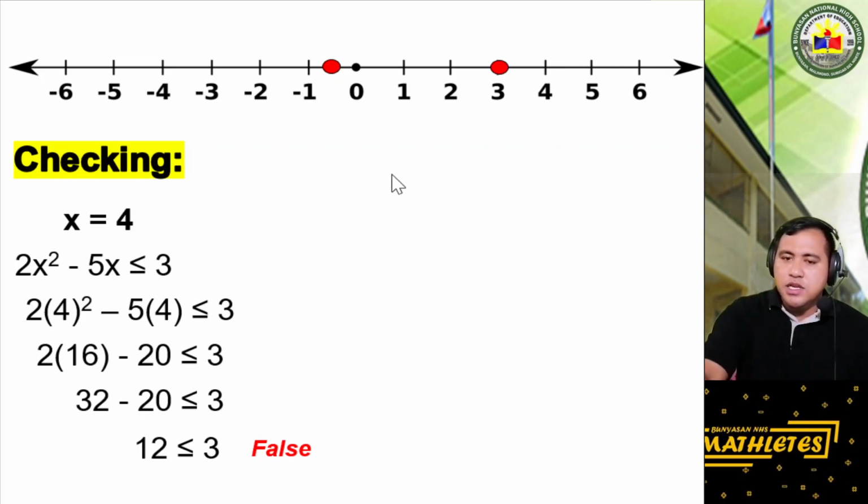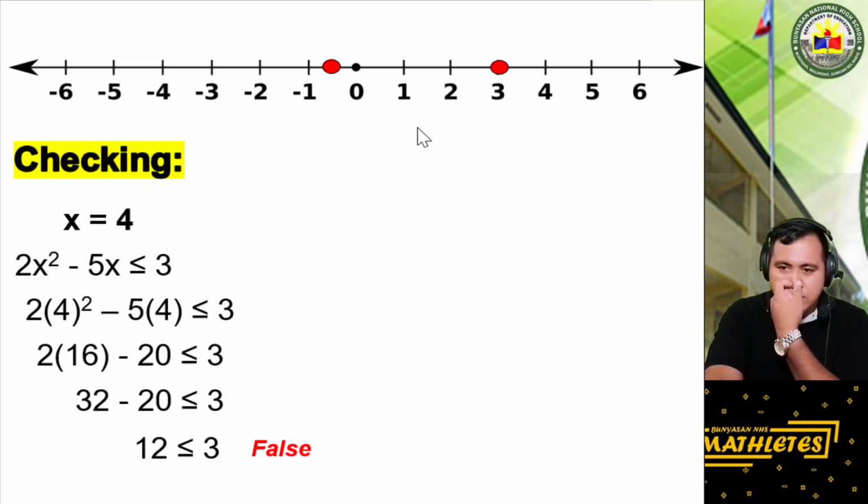Now what is left are the two values of x that we used as the basis. The purpose is to test whether these 2 points can still be part of our solution set. If it is part of the solution set, it is shaded. But if not, it is a hollow dot, like in example 1.